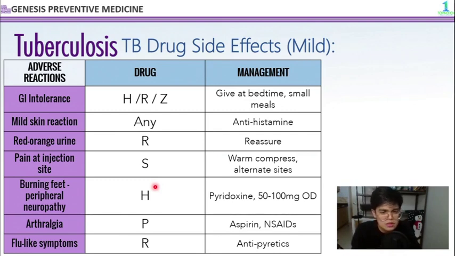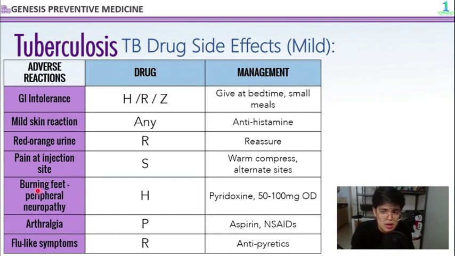So if there is no GABA, there is excitation of the CNS, which manifests initially as peripheral neuropathy or burning feet, but on the other end of the spectrum can be so severe as to cause grand mal seizures.